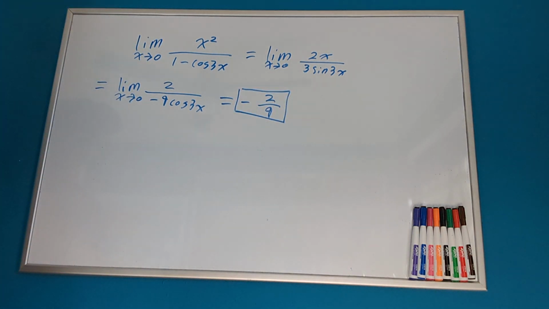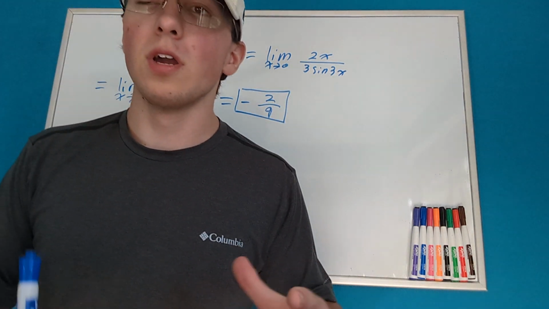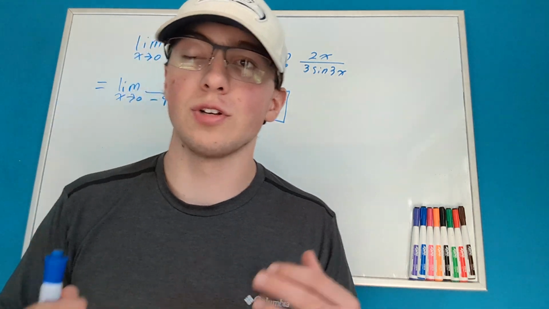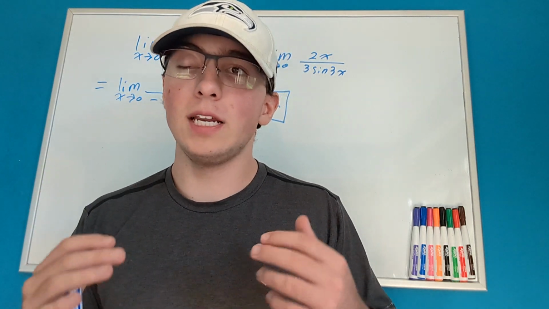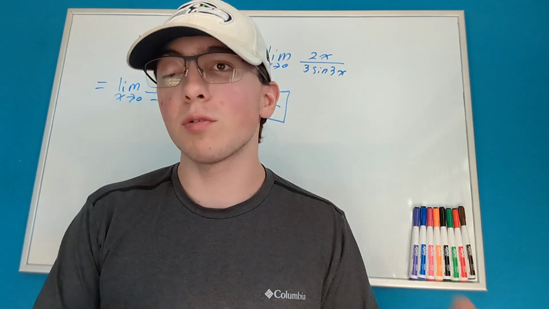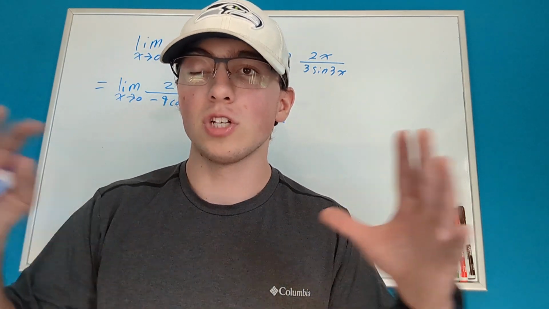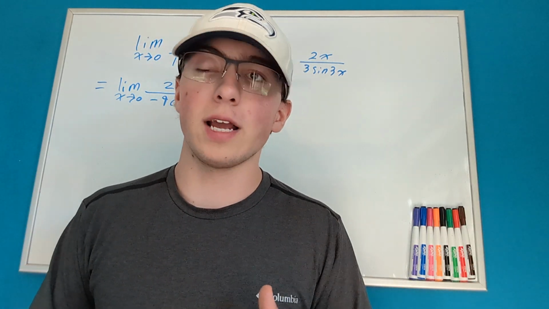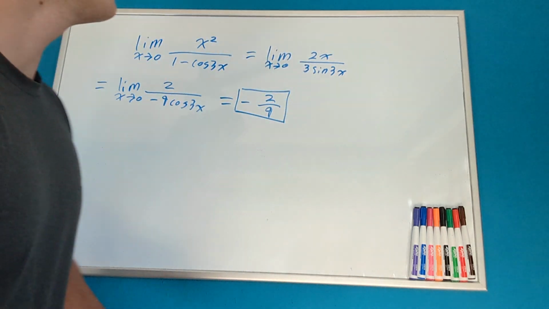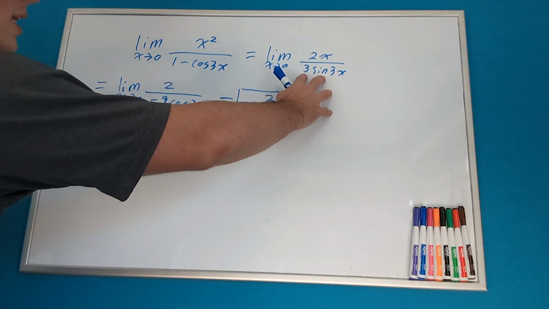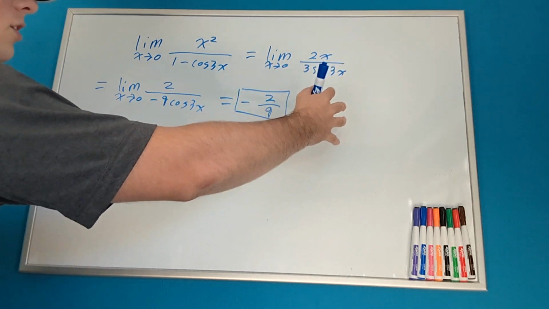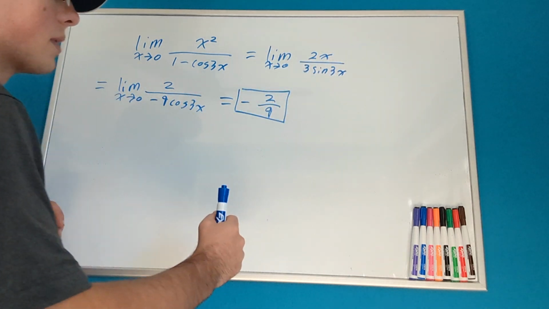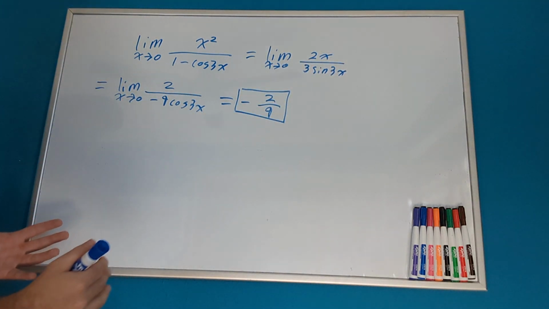And that's our answer. So as we can see from that example, and this is what I really want you to pay attention to before I conclude this video, is that with L'Hopital's rule, you need to persist. Sometimes there will be examples where it'll just keep expanding and you'll never reach an answer. But what you have to notice is we had sine here. And sometimes you might come across examples where it seems like you're just going to expand the problem the entire time and you're never going to see light at the end of the tunnel.